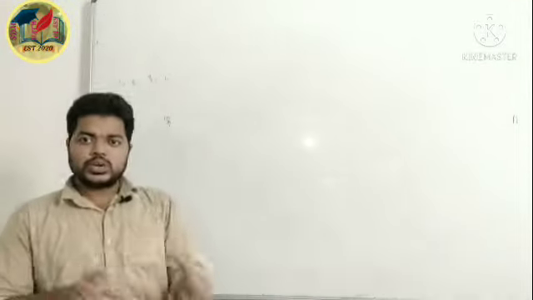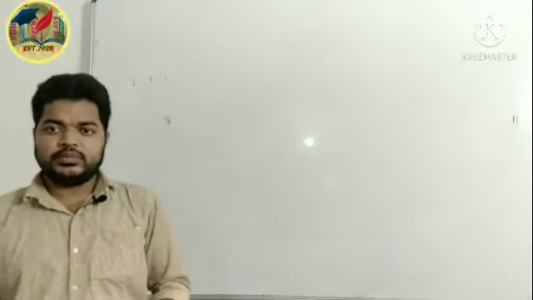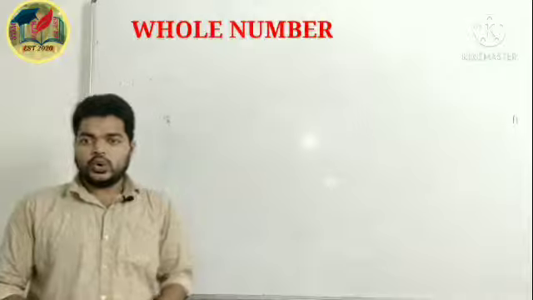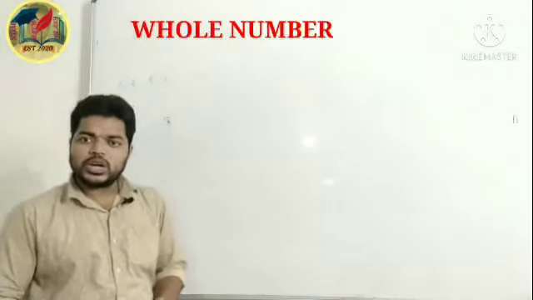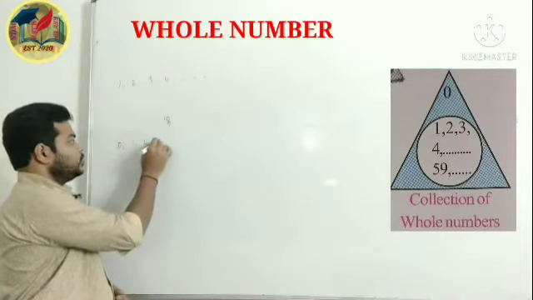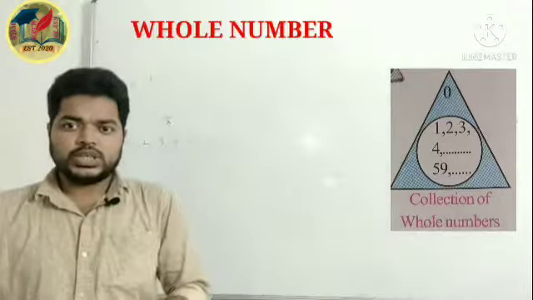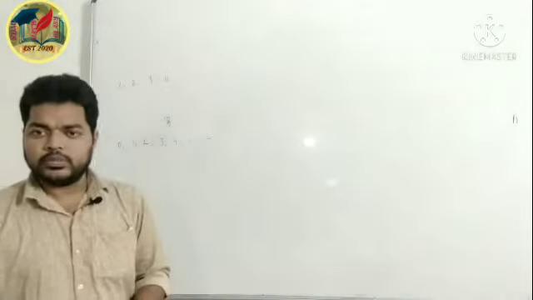So including 0 we form a new number system. This number system is called whole numbers. So what are whole numbers? Whole numbers are 0, 1, 2, 3, 4, etc.